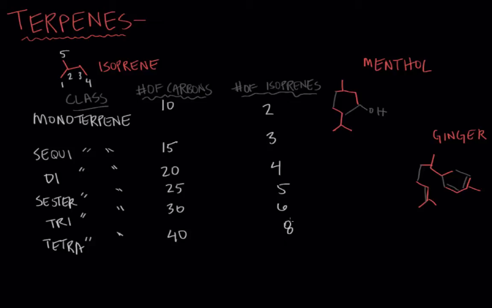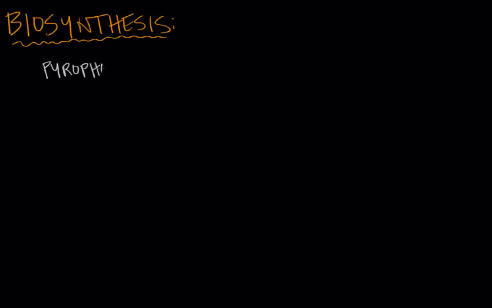So I'm going to shift to how our body uses these isoprene building blocks to create the chemicals that it needs, and that's a process called biosynthesis. Let me clear some room so that we can talk about biosynthesis. In biosynthesis, our body starts off with isoprene bound to something called pyrophosphate, which looks something like this.